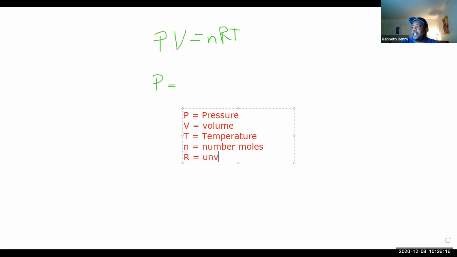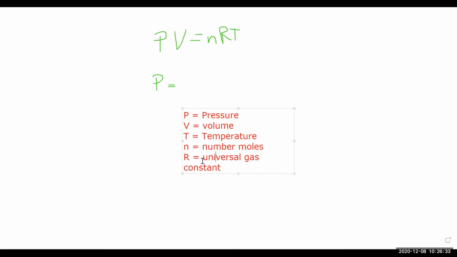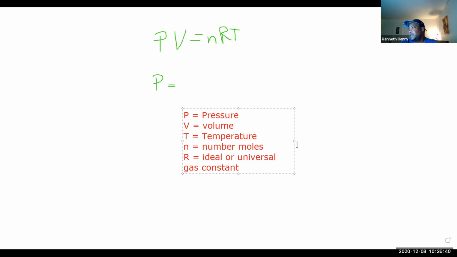It's the universal gas constant. Oh, okay. Or we'll call it the ideal gas constant. You'll see them written both ways. Okay, so this is a constant.